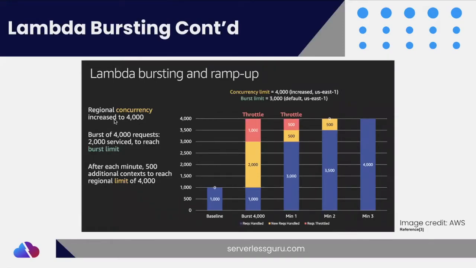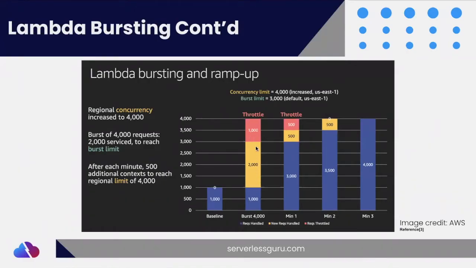So let's take the same function, which takes one second to process one request, and it receives 1,000 requests. Everything was fine, nothing got throttled. Then you get a burst of 4,000 requests.